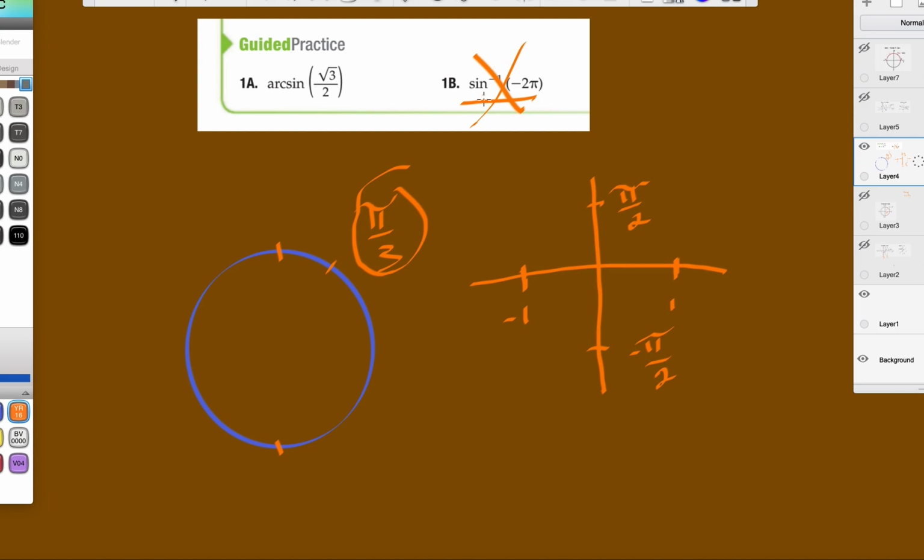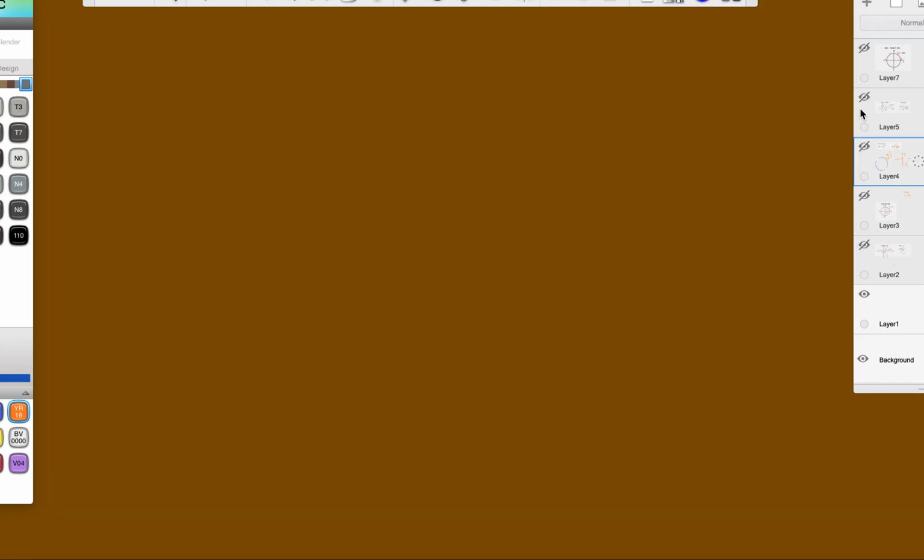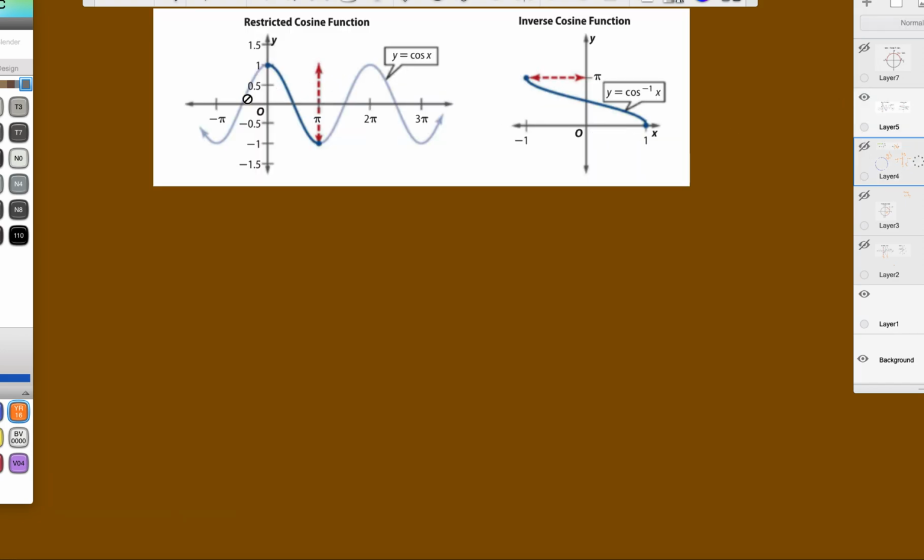I'm going to show you that next time, even when we look at the cosine, we're going to see that that's exactly the case. So here's the cosine. It is also restricted. The only thing that's different about cosine is that it's restricted from 0 to pi radians.